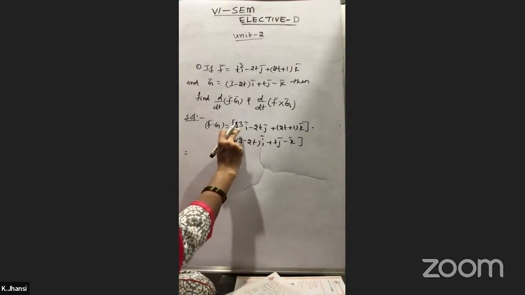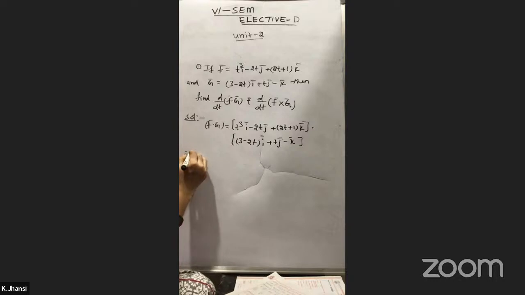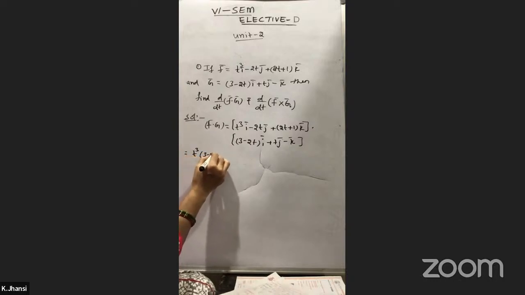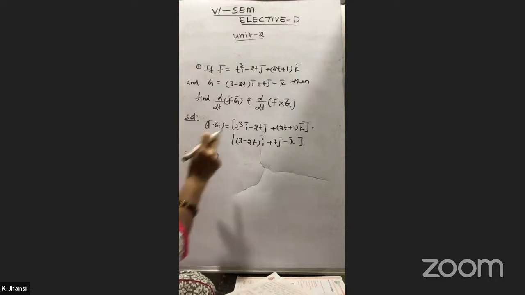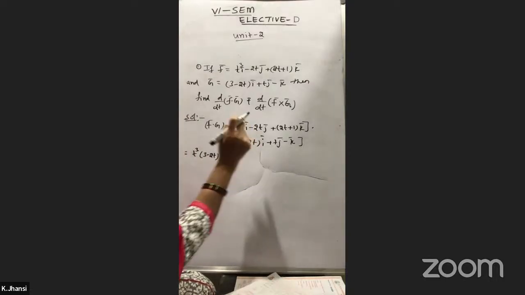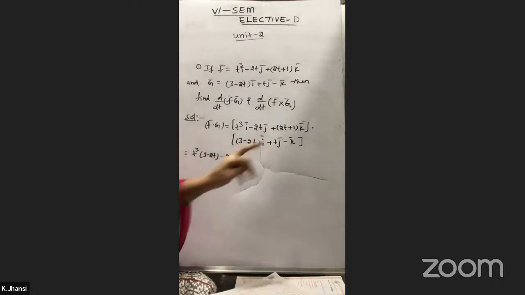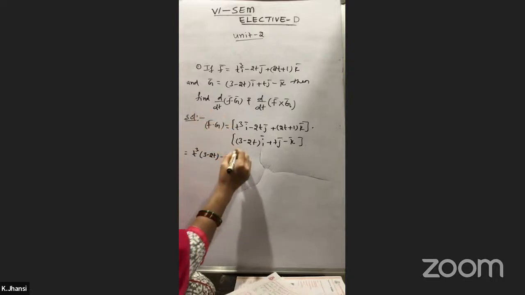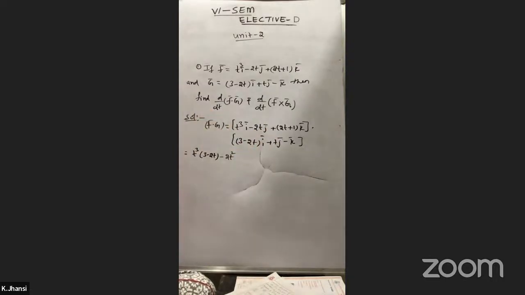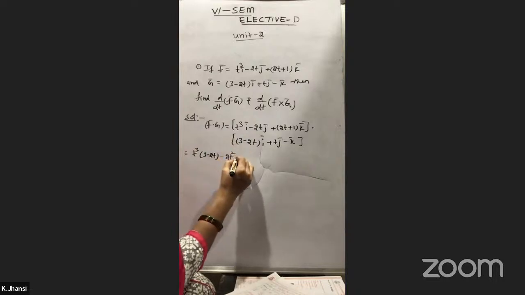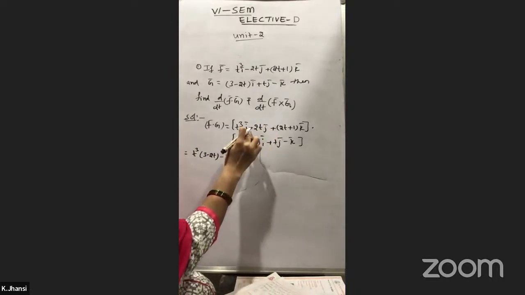Okay, so t cube into 3 minus 2t. Next minus 2t, here what is the j value? The j value is into t. That is t into 2t, so you will get t square. Next plus into minus, no?